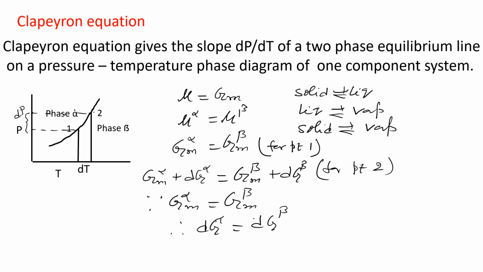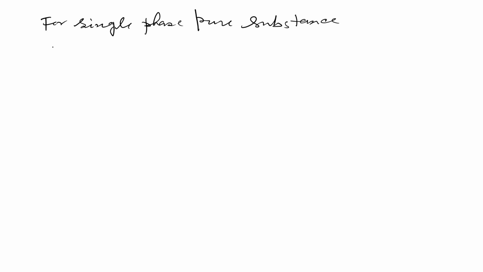Now we'll go to the next slide. We know that for a single phase pure substance, we know this equation dG is equal to VdP minus SdT plus mu dN.